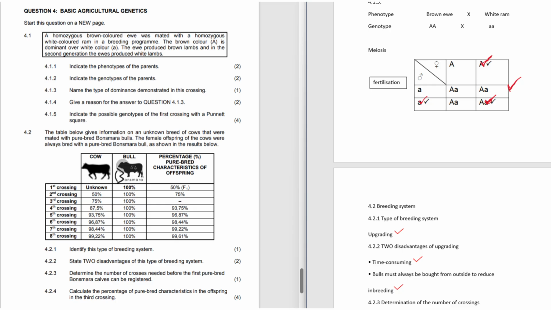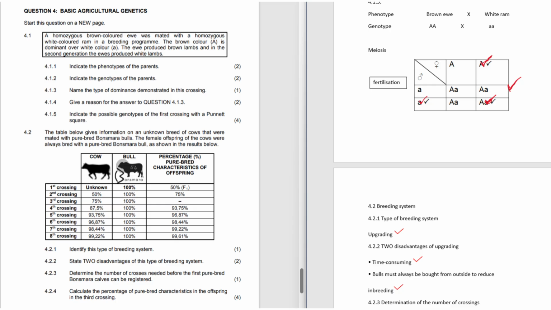Let me repeat that. The aim is to improve the herd of poor traits until good quality offspring are produced. So you can see that from course 2 until course 8, the herd has improved from 50% to 99.22%, which is nice.